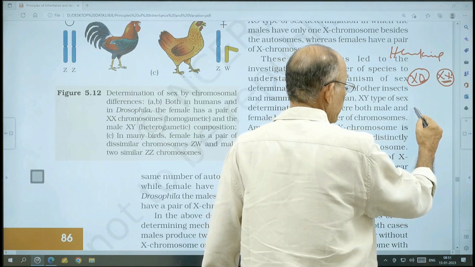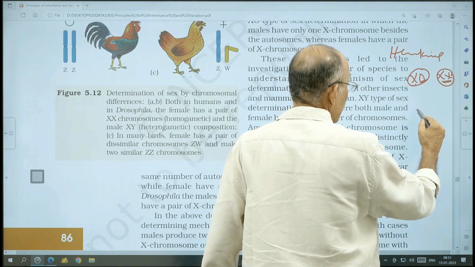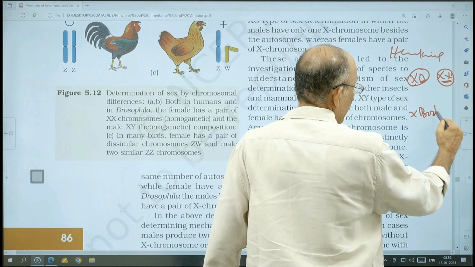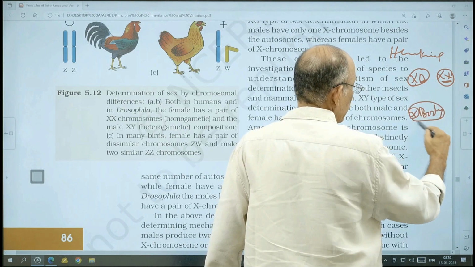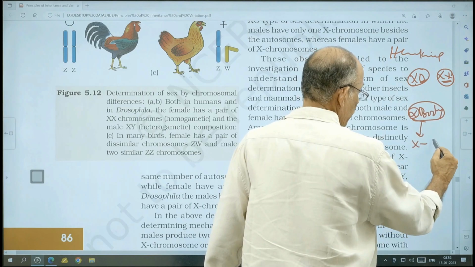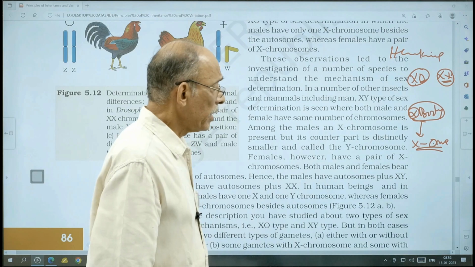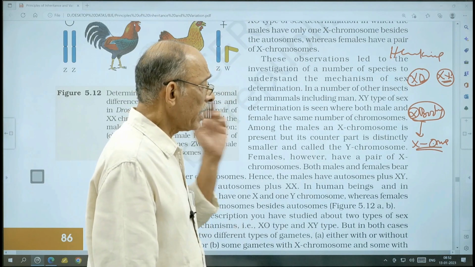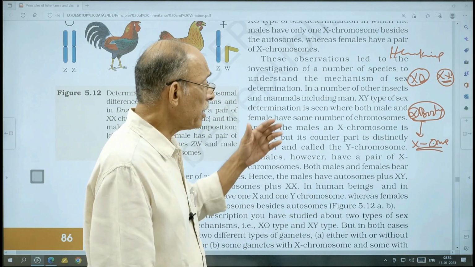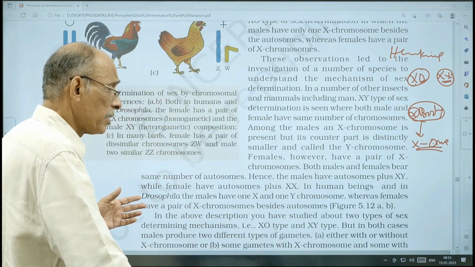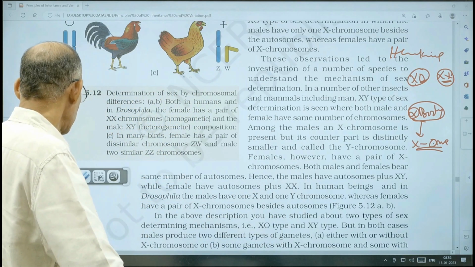In male sperms, he named it the X body. Later this X body is recognized as a chromosome, and since it is involved in determining sex, this came to be known as the sex chromosome or X chromosome.